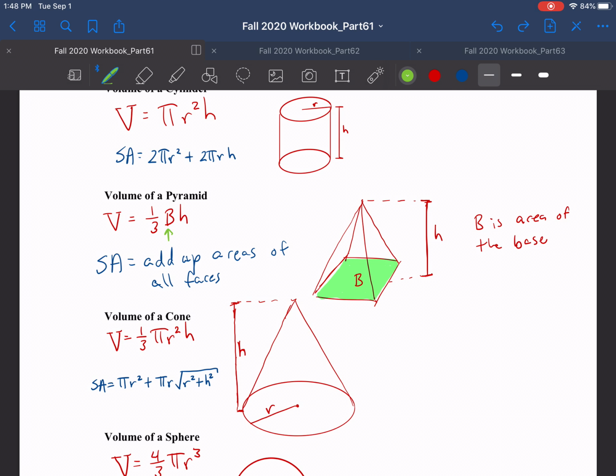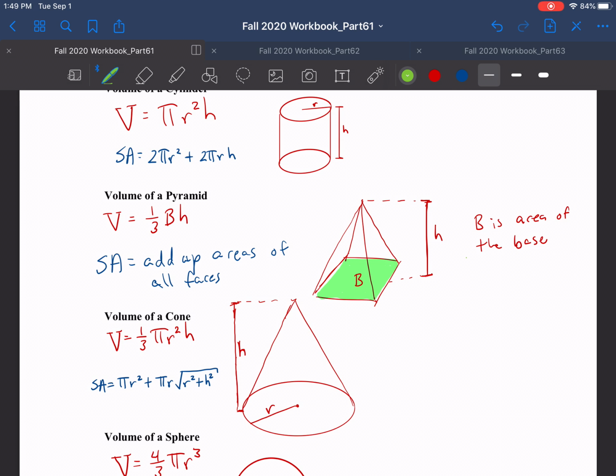It is 1/3 the area of the base times the height. So if you had a different pyramid, say a triangular-base pyramid, you'd find the area of that base, times its height, and then 1/3 of that. Okay, so that's how you find the volume of a pyramid.